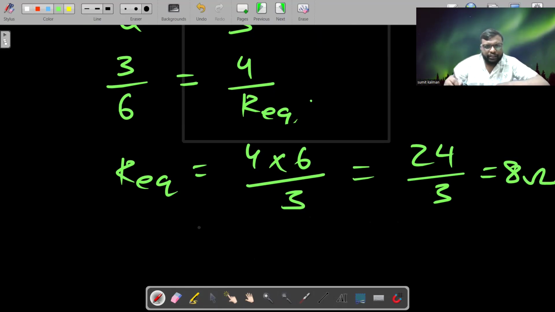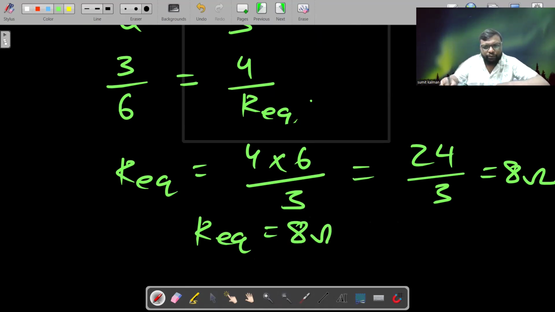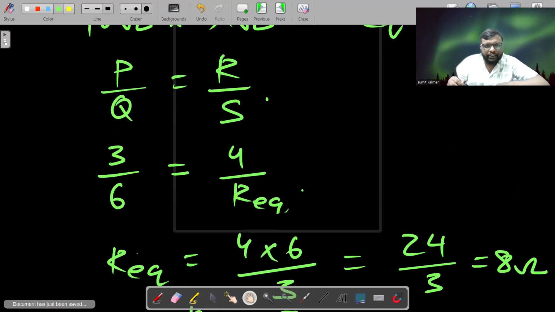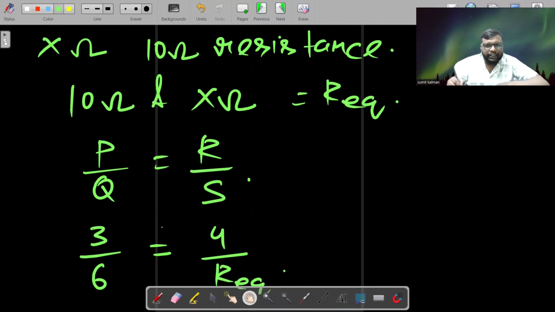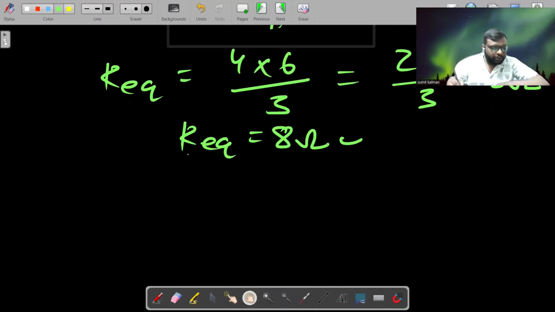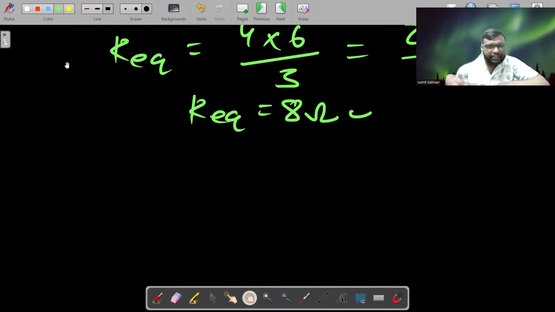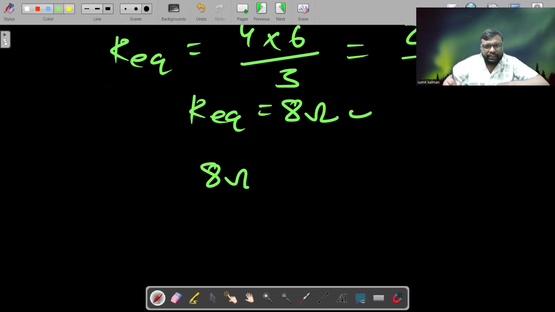So here students, we have got our R equivalent as 8 ohm. So the equivalent of 10 ohm and X ohm is coming out to be 8 ohm, and this 8 ohm is less than 10 ohm.